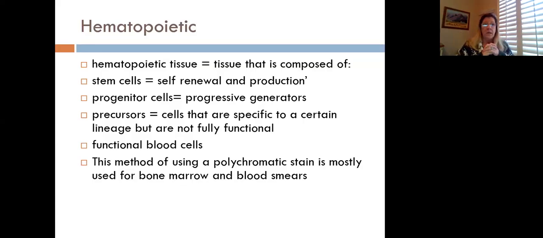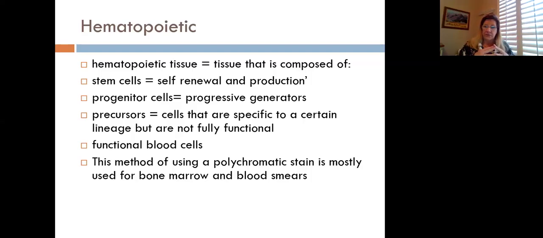Okay. So we have stem cells that are self-renewal or production cells. We have progenitor cells, which are progressive generators, generating all kinds of reactionary chemical processes.